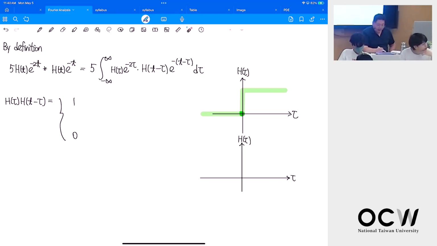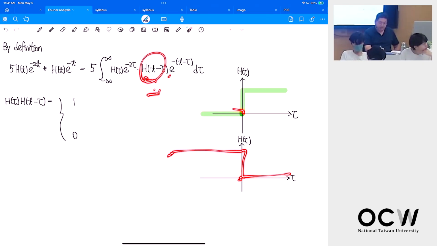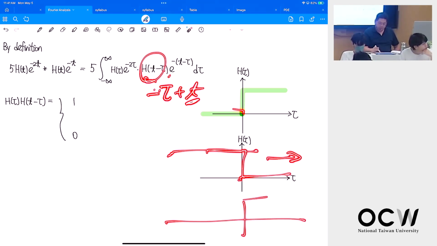So what I just meant is that for the convolution I flip, so it becomes this. And then shift to the right, because it's minus tau plus t. Shift to the right. So you shift to the right till t here. Okay? So flip and shift to the right.